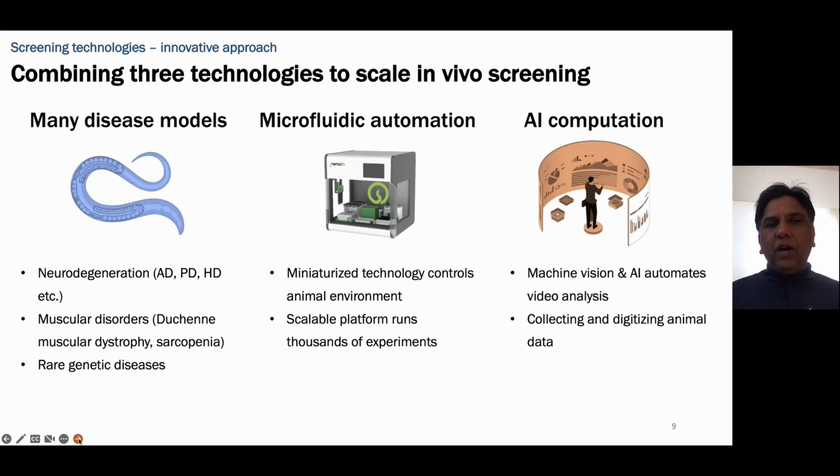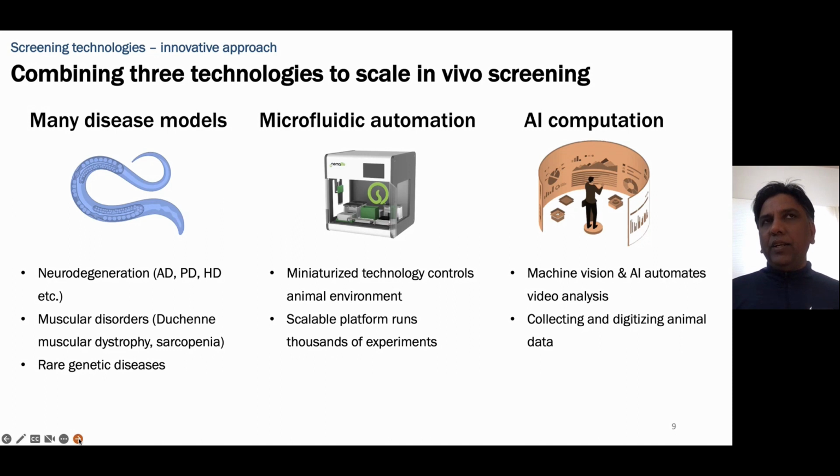And in terms of our work, we have used the previous existing body of knowledge in terms of the strains and the disease models and the reporters. But now we are introducing two new technologies, if you like. One is using microfluidics as a way to control the animal environment and also do assays in parallel. The approach which we use involves taking lots of videos of animals in these fluidic chambers.